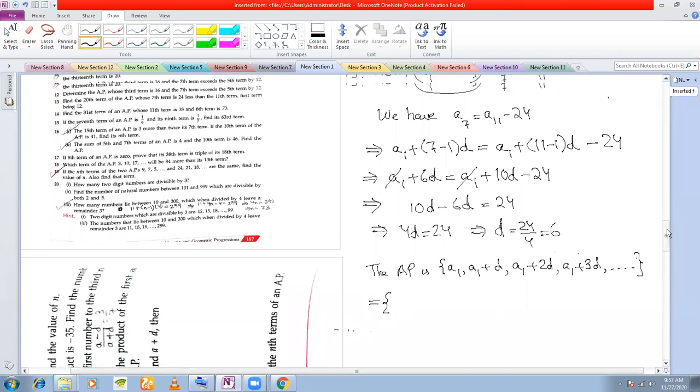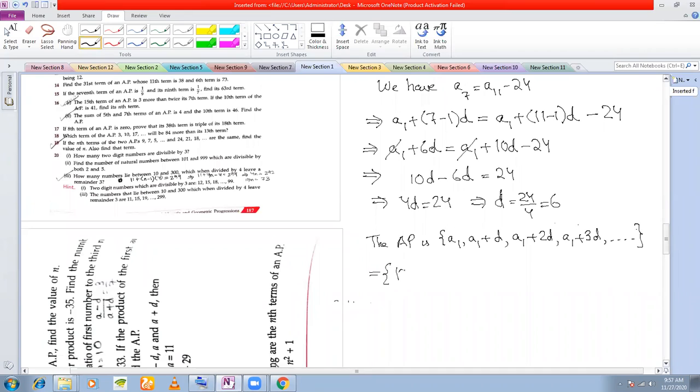A1 is 12, 12 plus 6, 12 plus 2 into 6, 12 plus 3 into 6, and so on. So this is 12, 18, and 12 plus 12 is 24, and 18 plus 12 is 30, and so on.